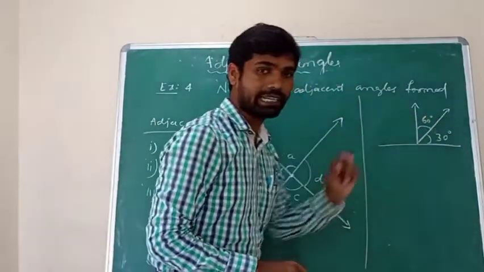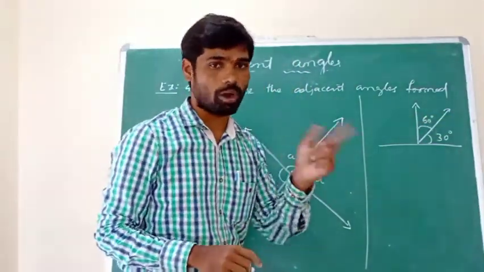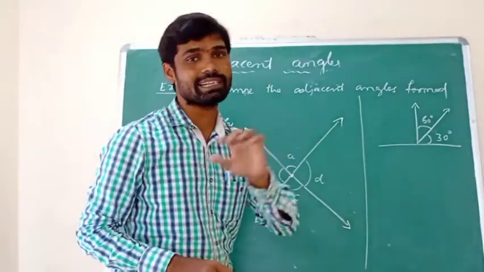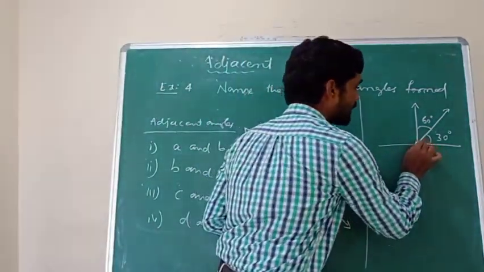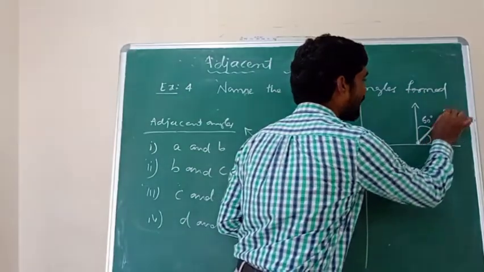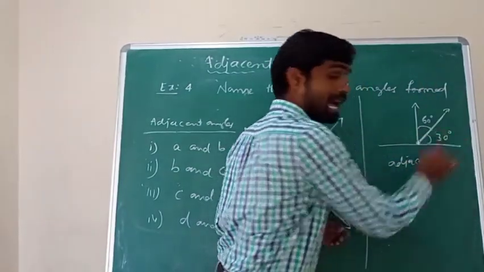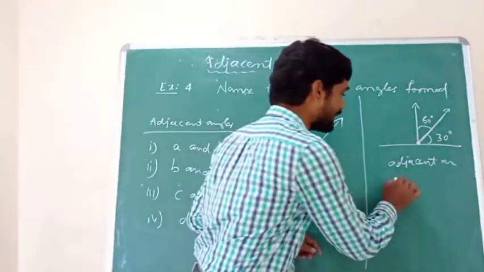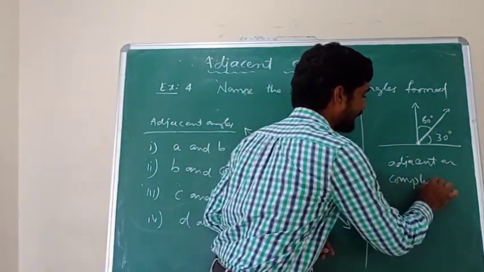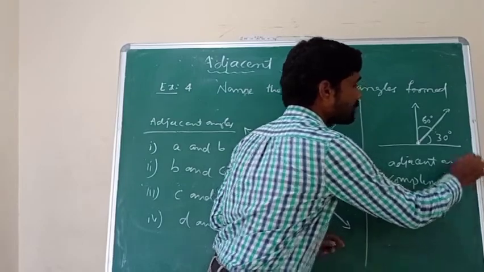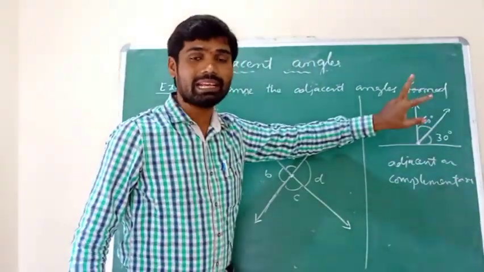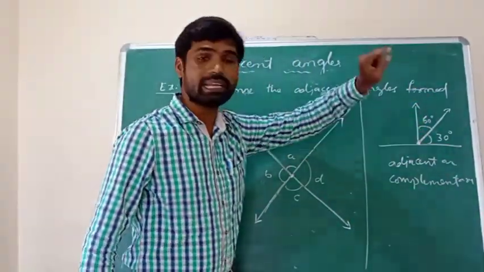So 60 plus 30 is equal to 90 degrees, which means complementary. Are they adjacent or not? They have a common vertex and a common arm, so these are adjacent angles, and as 60 plus 30 equals 90, they are complementary angles. So two adjacent angles can be complementary angles.